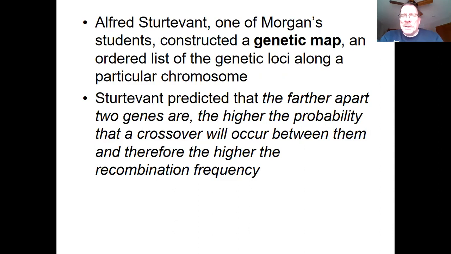Now, Sturtevant was one of Morgan's students and used that recombinant frequency to make a map, an orderly list of the loci of where each trait is. His prediction was the farther apart two genes are, the higher the probability the crossover will occur, and therefore the higher the recombination frequency.